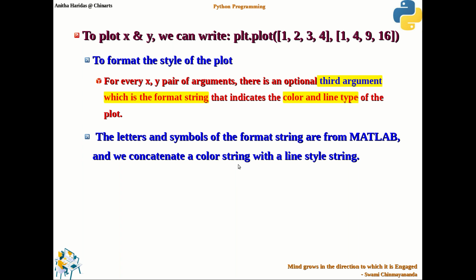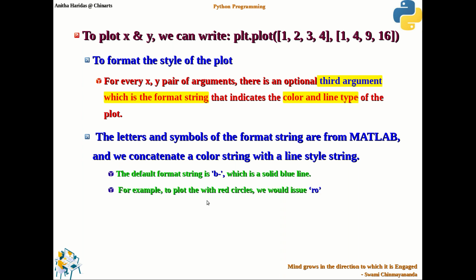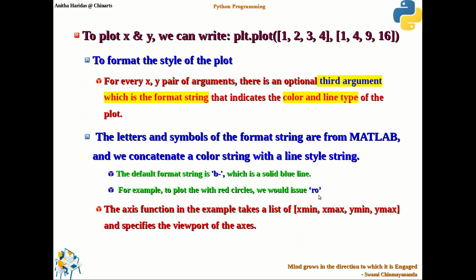Color is r and line style is x. The default, as I told you, is blue color with a solid blue line. Whereas if you want red circles, then you have to give ro. In our example, we had given rx as the value for formatting the style of the plot.